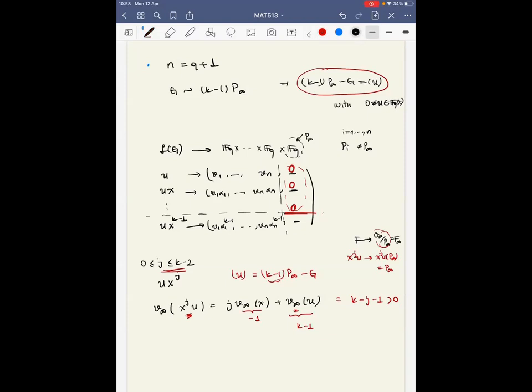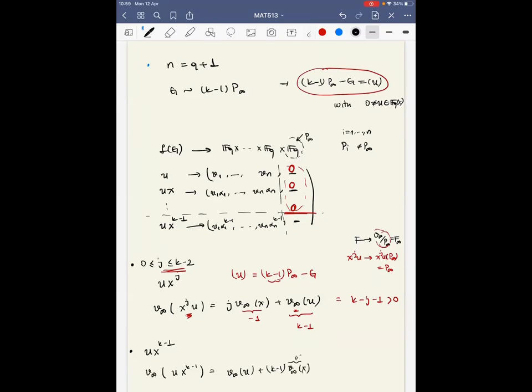And when we consider the function u x to the k minus 1, so that means for the last component, similarly, we are going to check its valuation at P infinity. So that means v_infinity of u plus (k minus 1) times v_infinity of x.